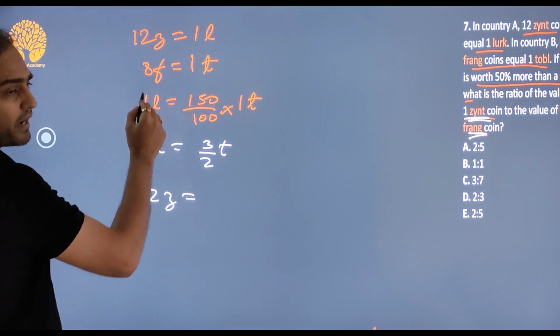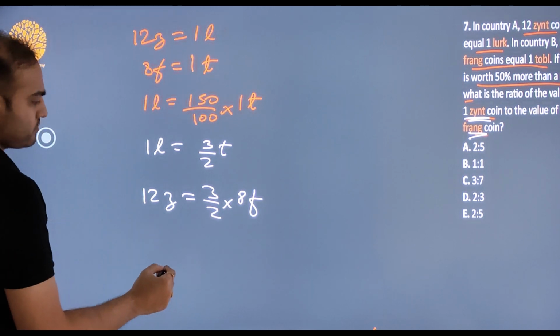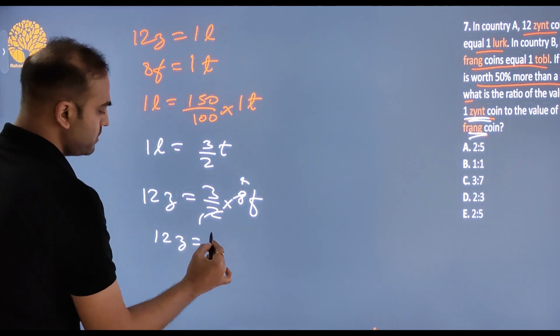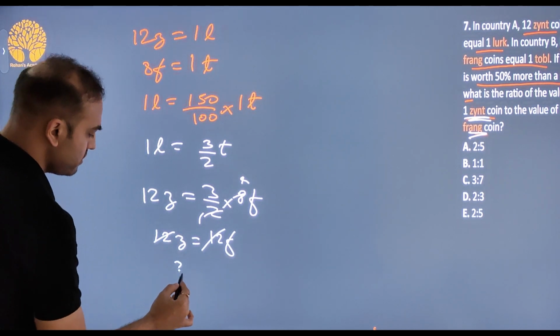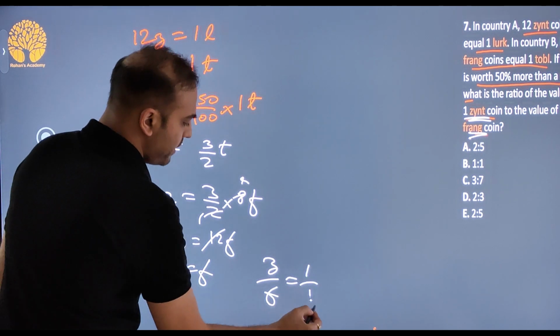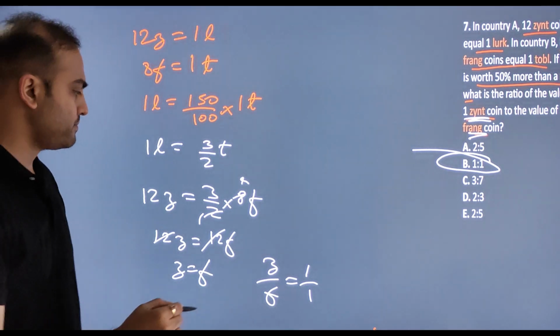Let's replace T by F, 3/2 times 8F. 12Z is 12F. Z is F. Z by F is 1/1. Ratio is 1:1.